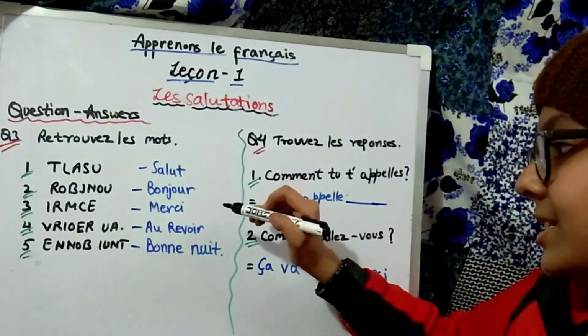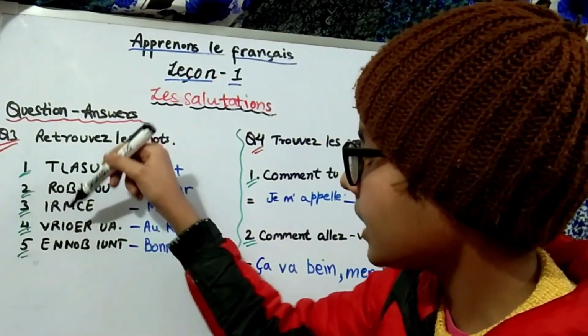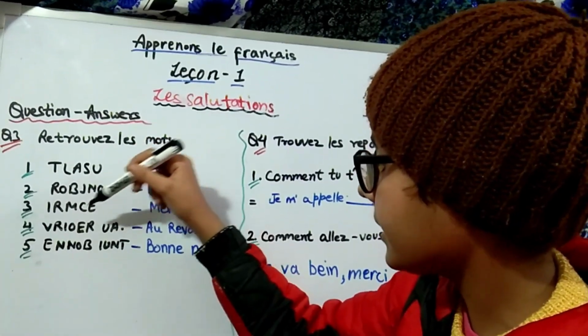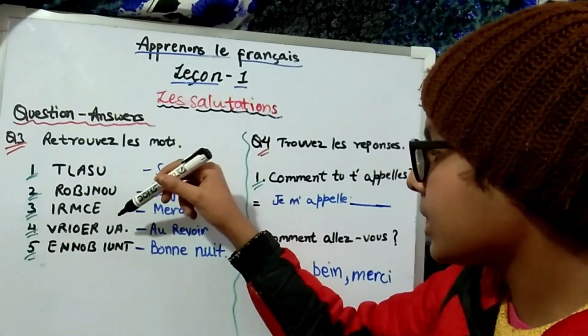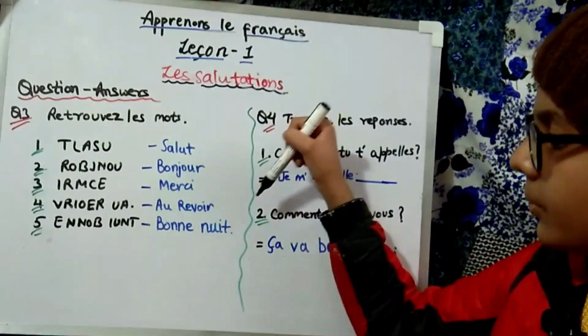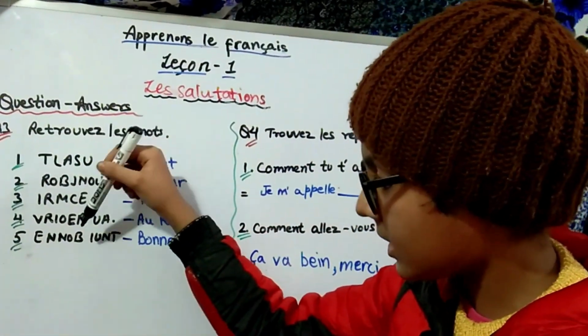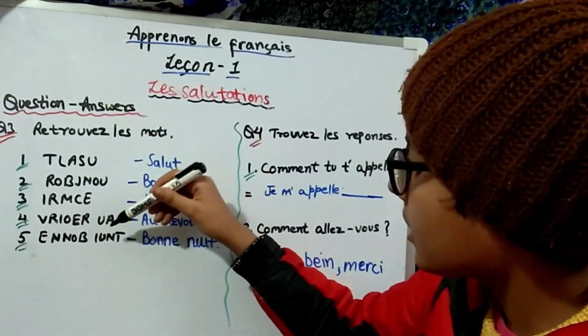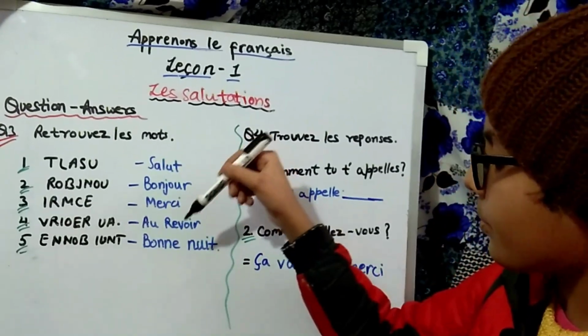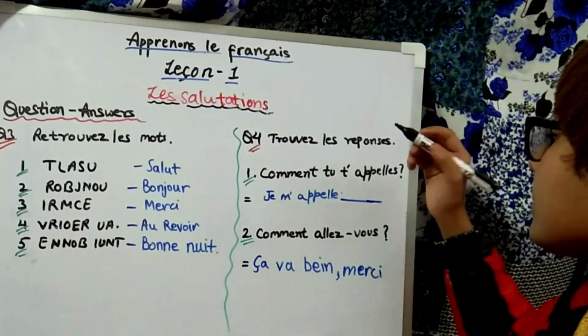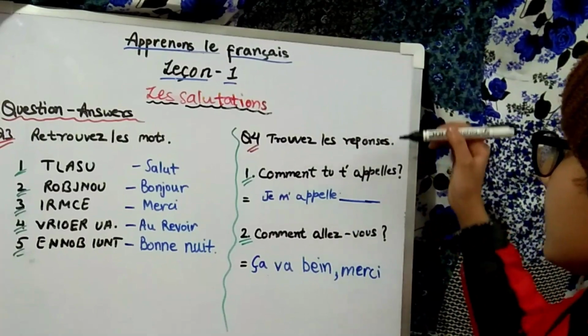IRMCE is merci. VROIE ER, then with a gap, AU is au revoir. ENNOB, IUNT is bonne nuit.